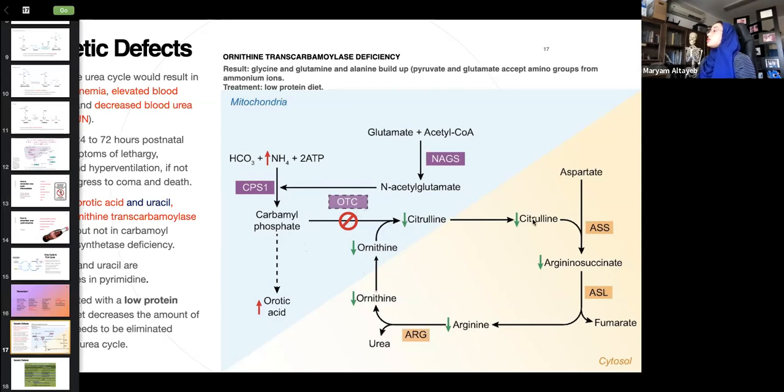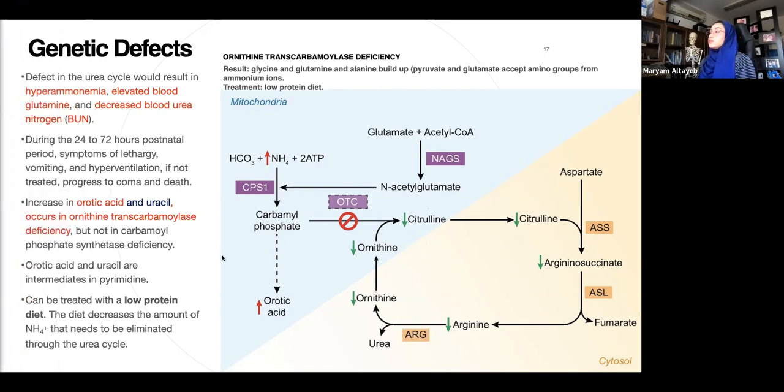So you'd expect all of the levels of citrulline, ornithine, arginine, and urea to be decreased. But the key thing here is that carbamoyl phosphate, if it's not used in the urea cycle, is connected to another pathway that forms something called orotic acid. So if you have a deficiency here, you're going to build up a lot of carbamoyl phosphate, and it's going to go down this pathway and form orotic acid.